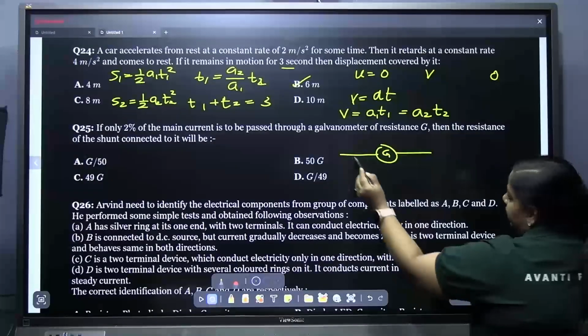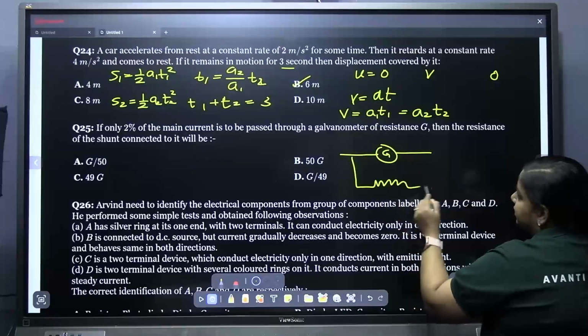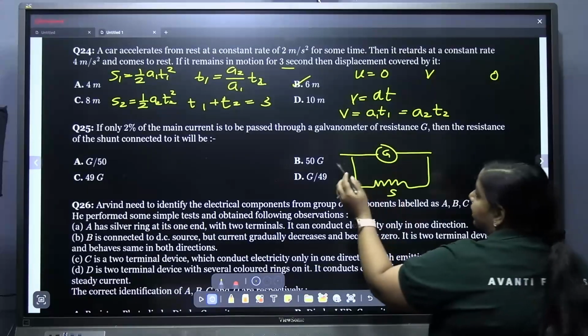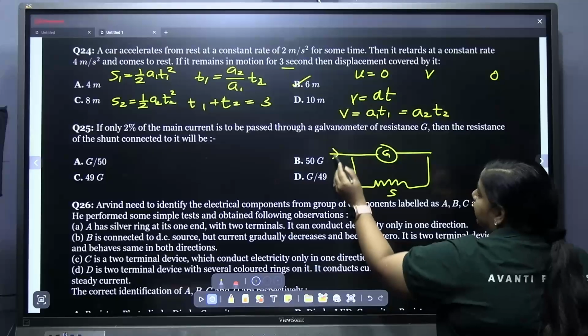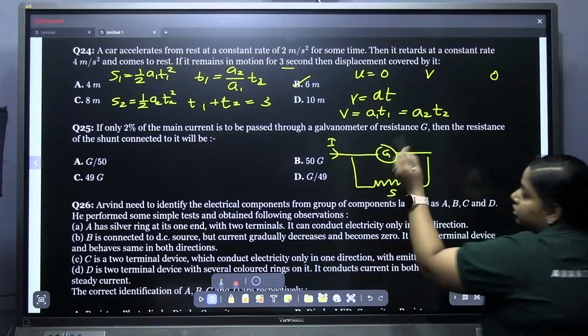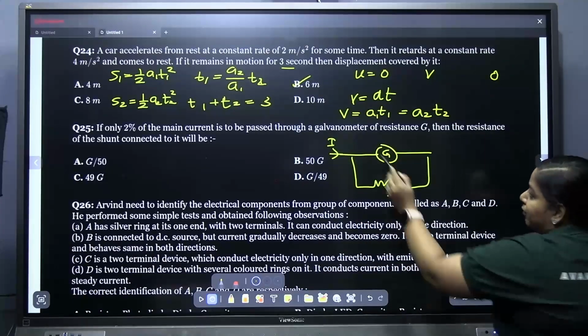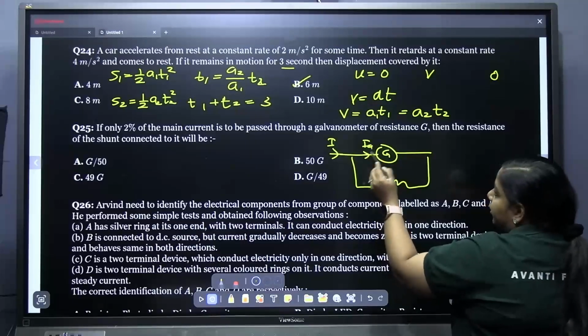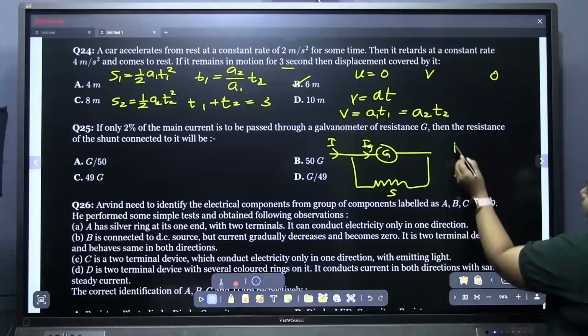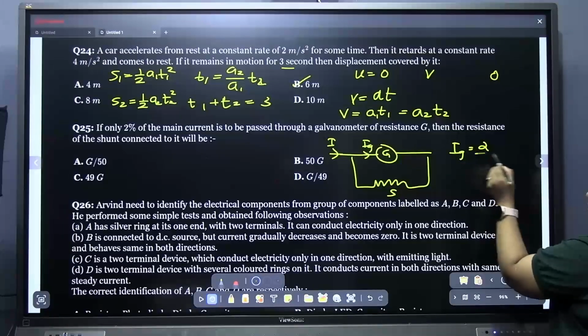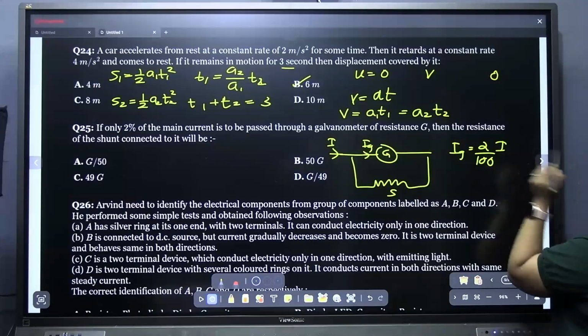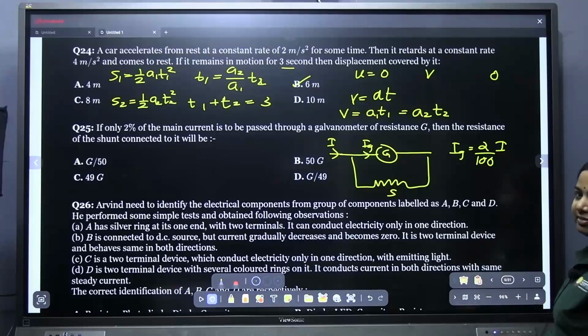Galvanometer is here, shunt resistance is this, and total current is I. 2% of I is going through the galvanometer, so Ig equal to 2% of I, meaning 2 by 100 into I.